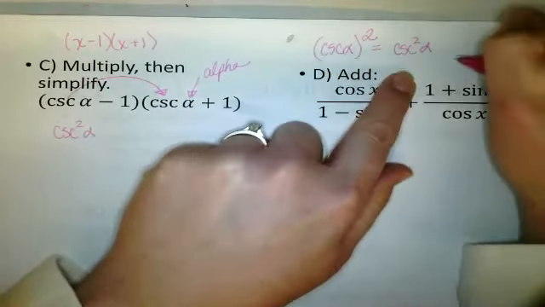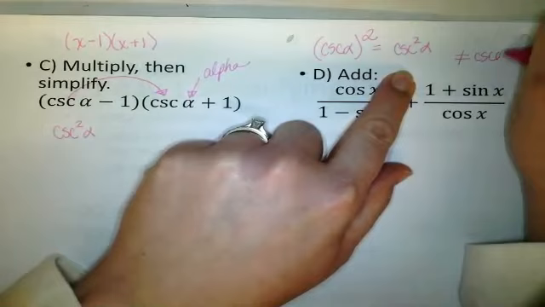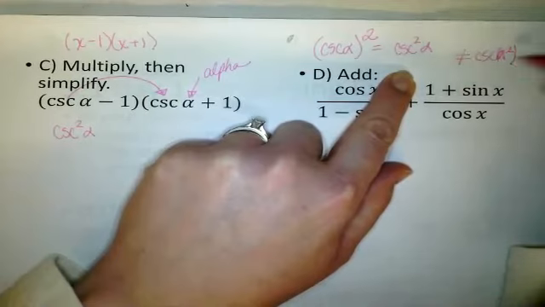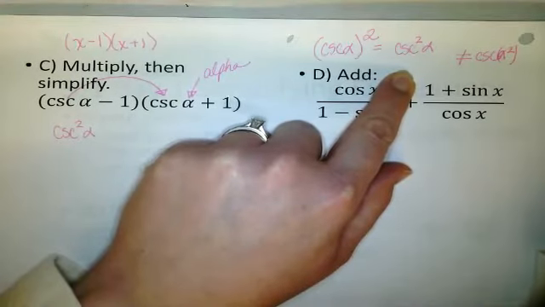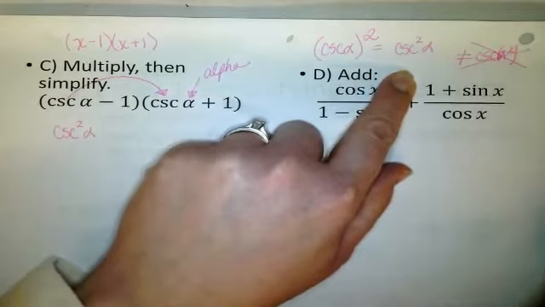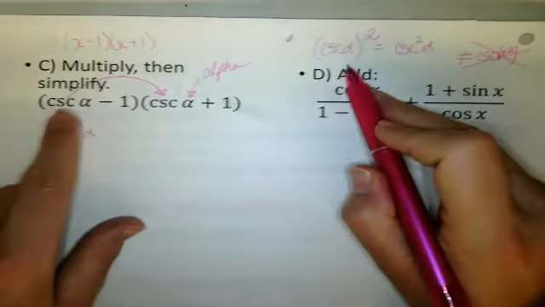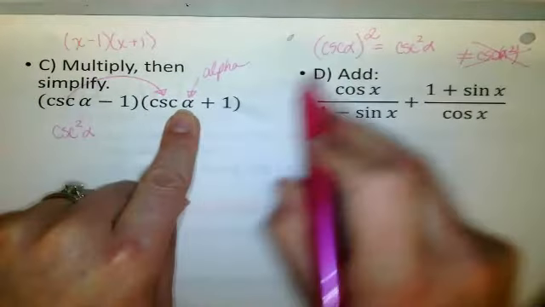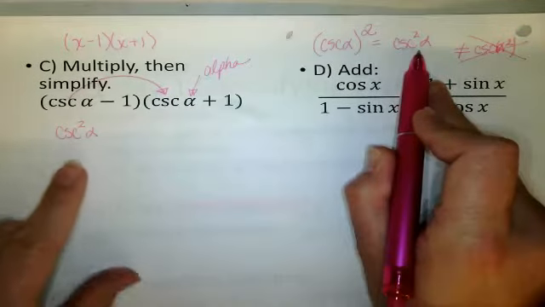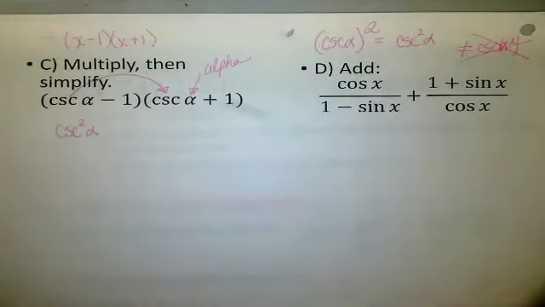It is not the same as cosecant of alpha squared. Alpha squared just means that alpha is being squared, not the whole trig function. So that's really different, okay? So this is cosecant of alpha times cosecant of alpha, which we shorthand to cosecant squared, squaring the entire thing.